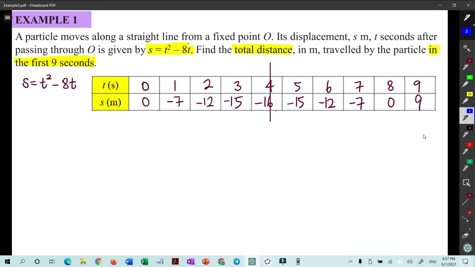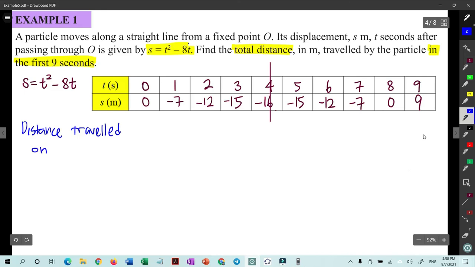Once we identify when it's making the U-turn, we can find the distance without any mistakes. So back to the question, what is the distance traveled by the particle on the 8th second?